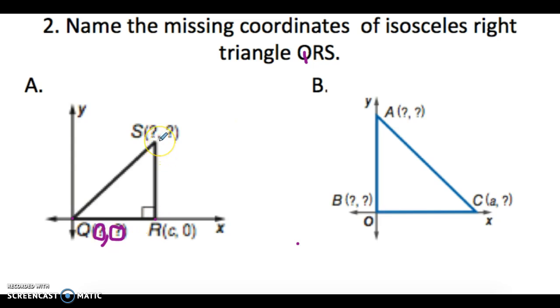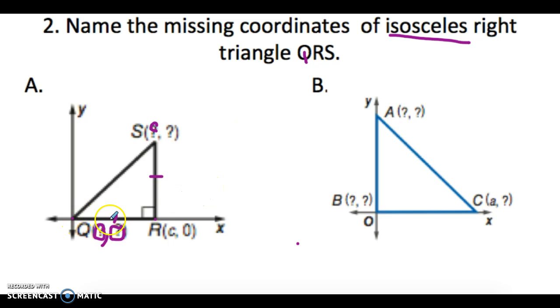And then S, where does this lie? Since it's a right triangle, I know that my x-coordinate needs to be the same, correct? Okay, so S is going to be at point C. I also told you that it's an isosceles right triangle. So if it's an isosceles right triangle, I know that these legs are both the same length, correct?